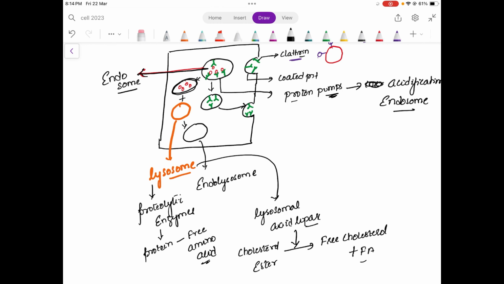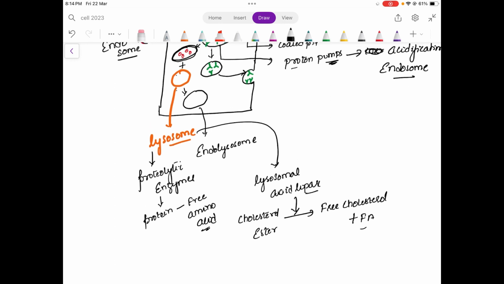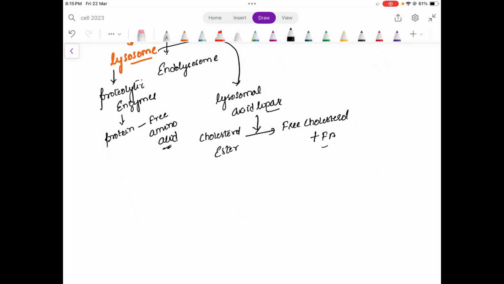Sometimes they will join with the LDL molecules, and they will fuse with the lysosomes and are degraded. So complete recycling will not occur, but some of the receptors will be degraded along with the LDL molecule.